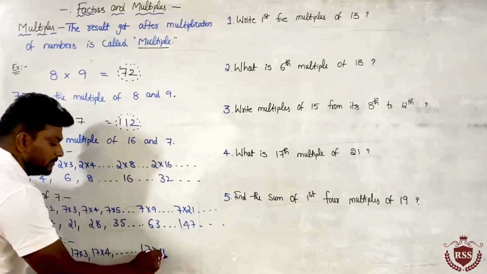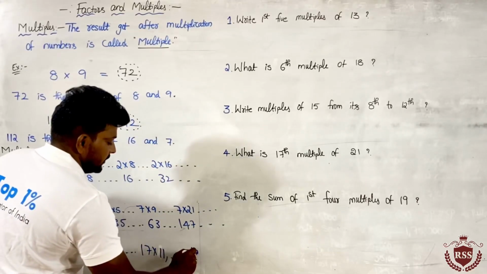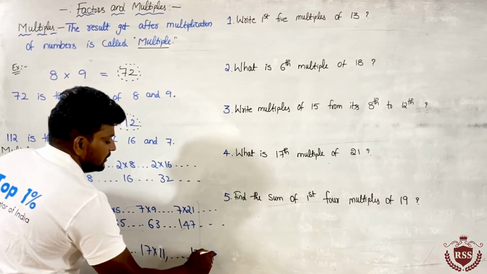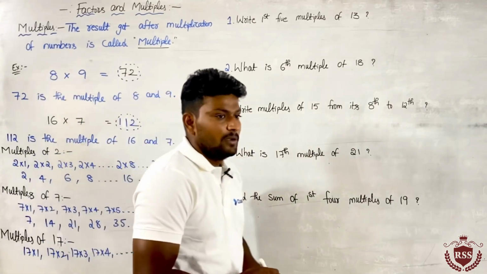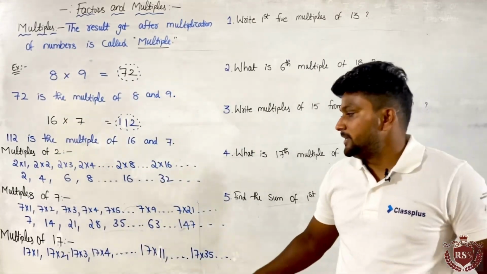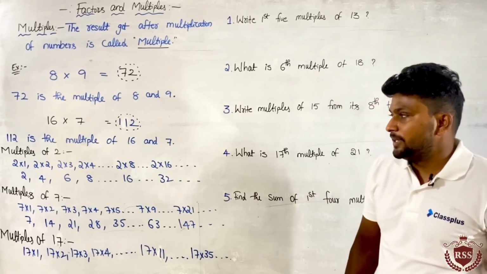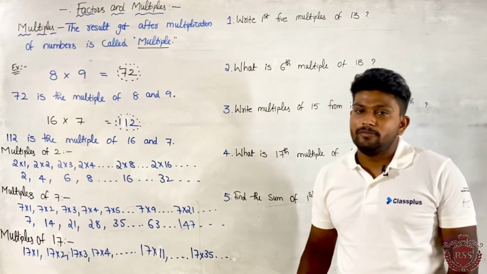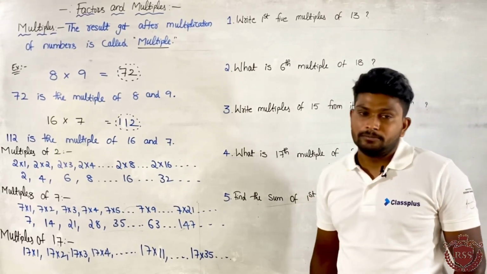You can consider 17 into 35 and so on. These are the multiples of 17. So simply we need to write the multiples for the given number.